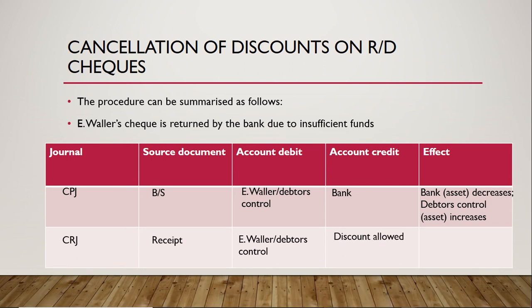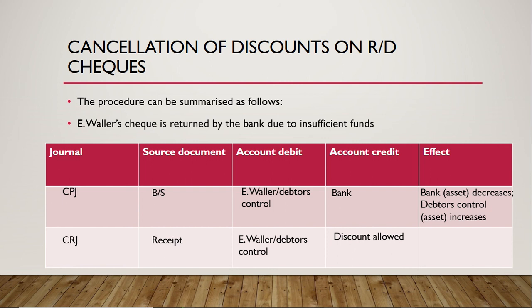Now, this is what we were supposed to be doing. The discount that the debtor was allowed was supposed to have been reversed like this in the CRJ. But unfortunately, we can't do this, okay? We can't reverse it in the CRJ. So in this case, guys, I'm going to show you how to reverse it.